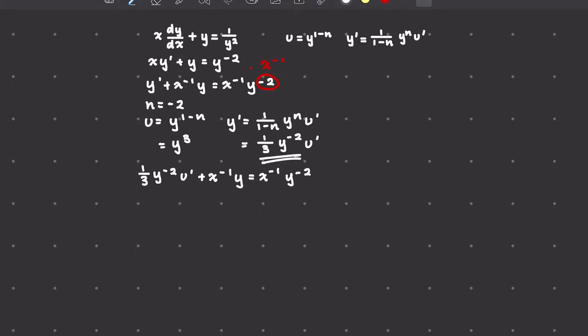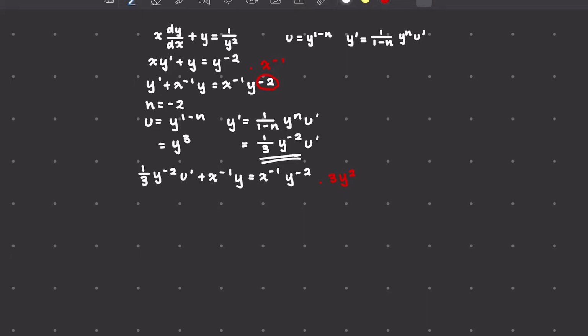Since we want to make this into the form of a first order linear differential equation, we cannot have this variable in front of du/dx because we want a constant of 1. Remember, we always want a constant of 1 in front of dy/dx or du/dx or anything. So let's multiply everything by 3y squared.